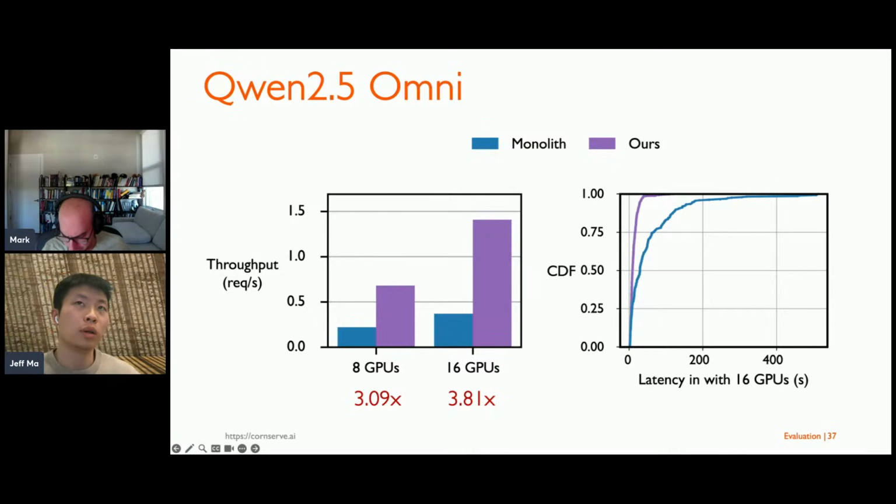There's one technical point that I omitted, which is that the Qwen Omni series have two autoregressive components. One is the thinker and one is the talker, and both of them can benefit from continuous batching and KV cache management.